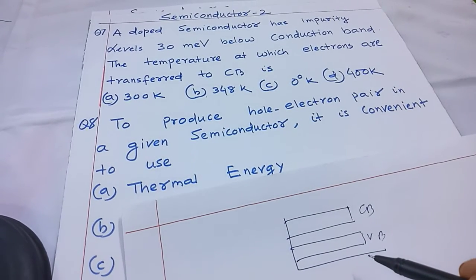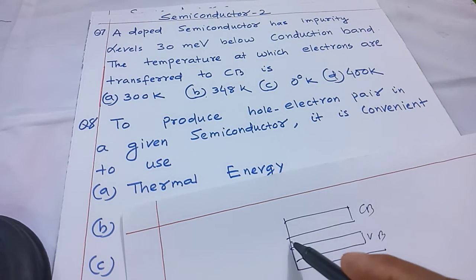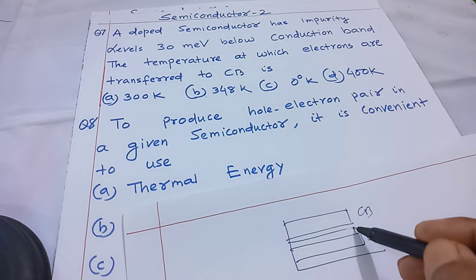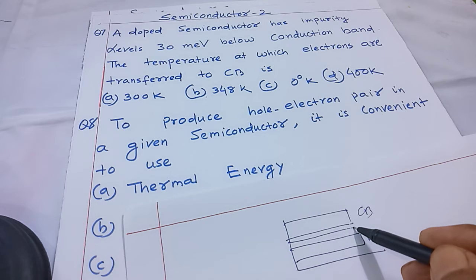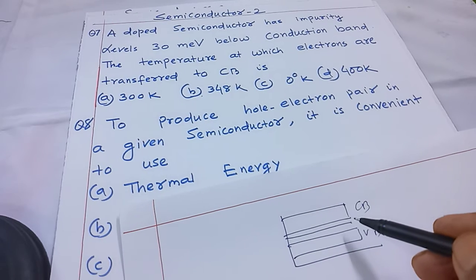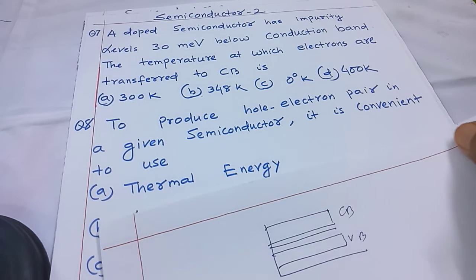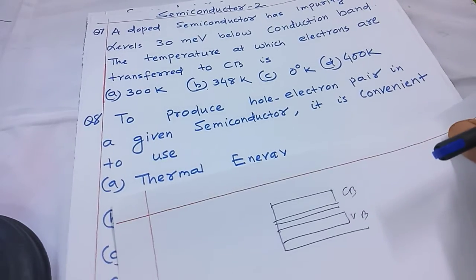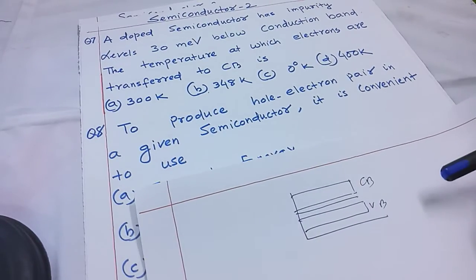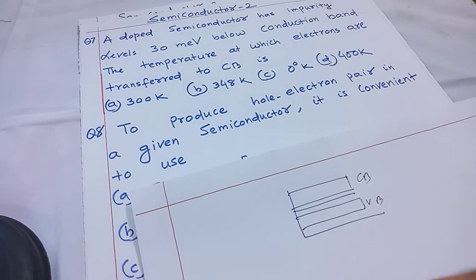So the impurity level is 30 milli electron volt below the conduction band here. That indicates it is an N-type semiconductor, because the impurity level is below the conduction band in a very small range. The temperature at which electrons are transferred to the conduction band is: 300 Kelvin, 348 Kelvin, 0 Kelvin, or 400 Kelvin. This is a very simple question.